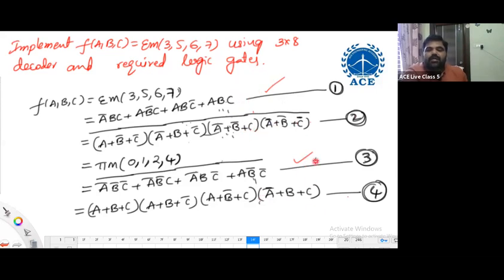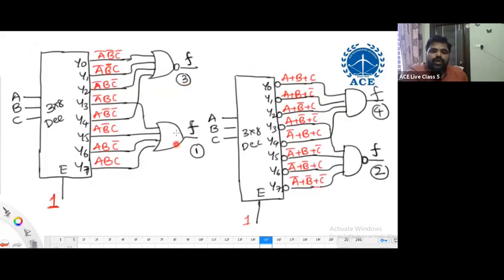So 1 and 3 are implemented in the first decoder, one SOP and one POS, and here also one SOP and one POS, because ANDing gives POS, so equation number 4 is POS. So when I'm using a logic 1 output decoder, it can be implemented using either an OR gate or a NOR gate. OR gate implementation is SOP, NOR gate implementation is POS. NAND gate implementation is SOP, AND gate implementation is POS. That's it.